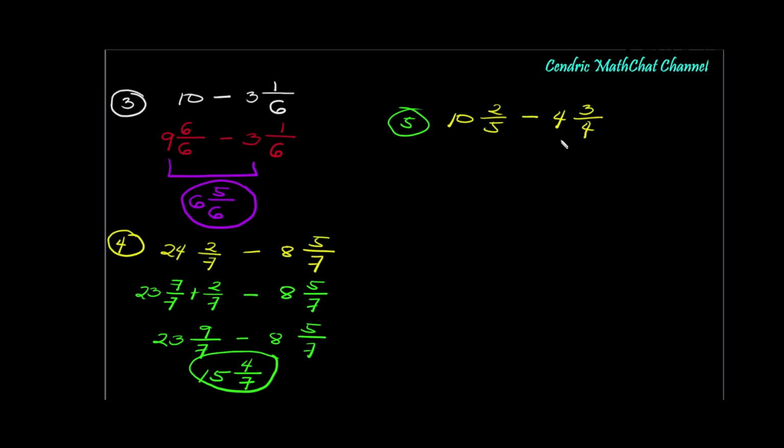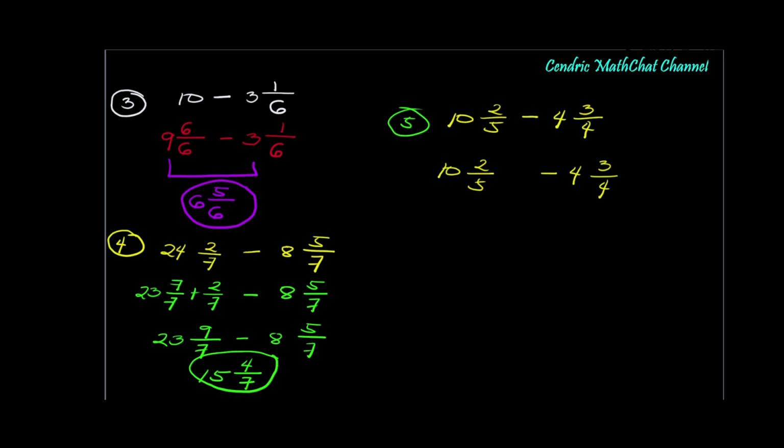Last, this problem is a little bit problematic because we have unlike fractions. Their denominators are different. So when we say adding or subtracting fractions, you need to have common denominators. You need to be working with fractions of the same denominators, the same unit. So let's rewrite this. So we have 10 and 2/5 minus 4 and 3/4.